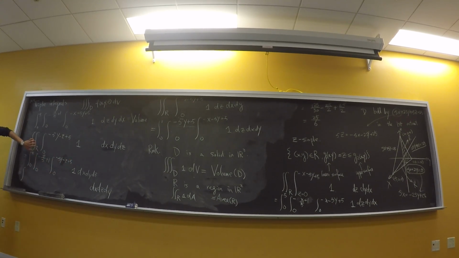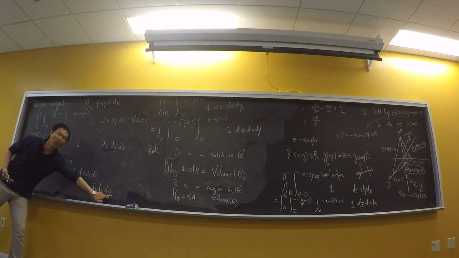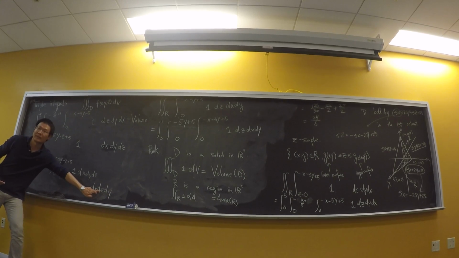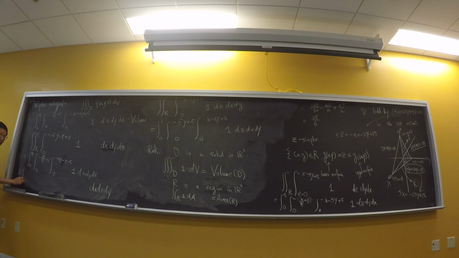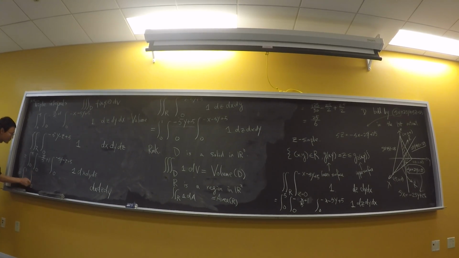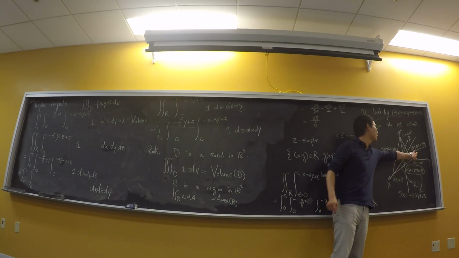I'm only identifying this region R on the YZ plane. I need two numbers for y and two functions for z. So what are the two numbers? 0 and 1, right? And z is coming from 0 to the function coming from this trace equation again.